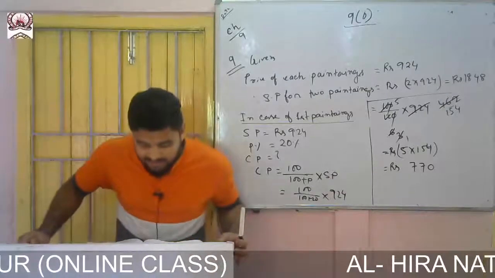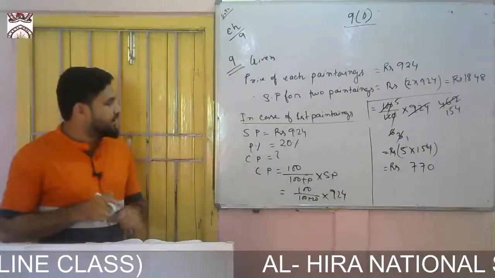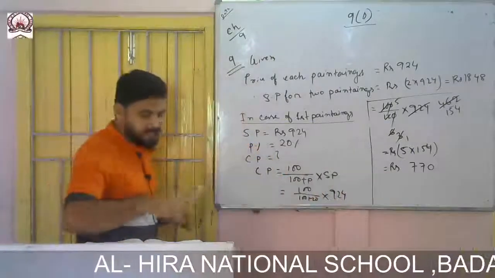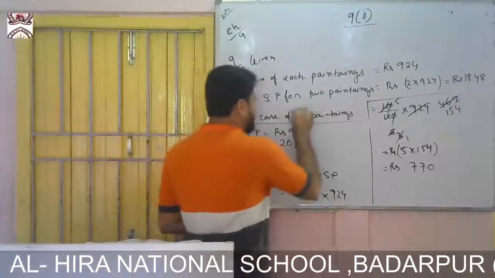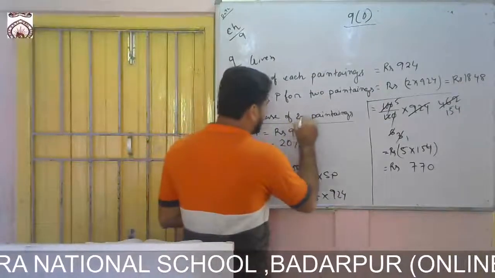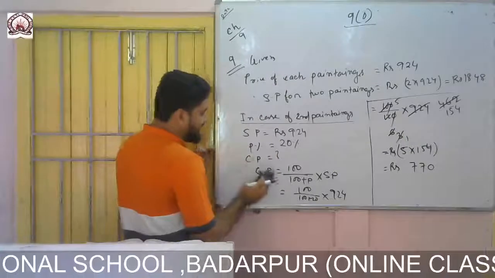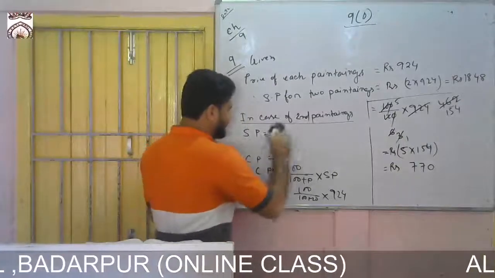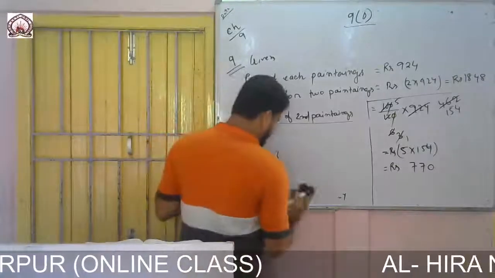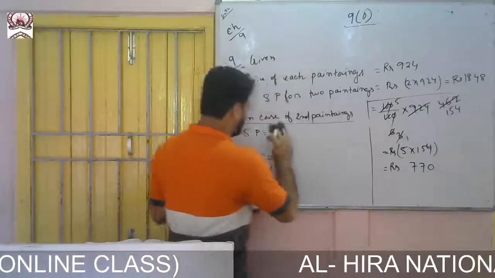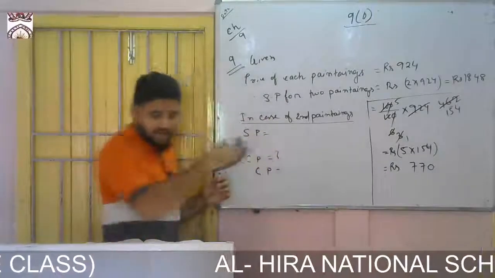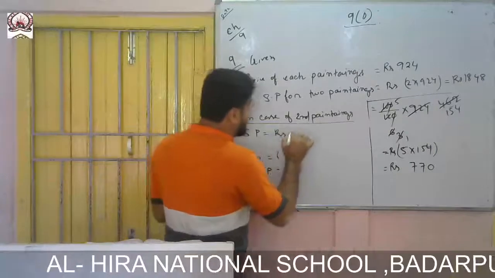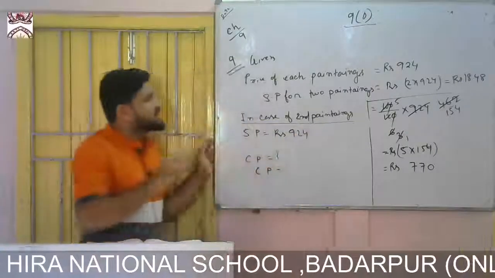Now let us go for the second painting. We have found the CP for the first painting. Now in case of the second painting, SP is given, in both cases it is the same, because he sold each at rupees 924.